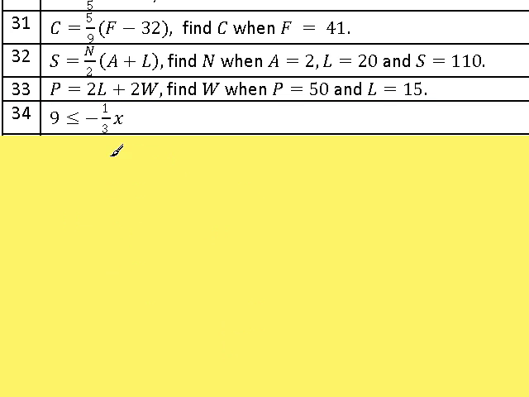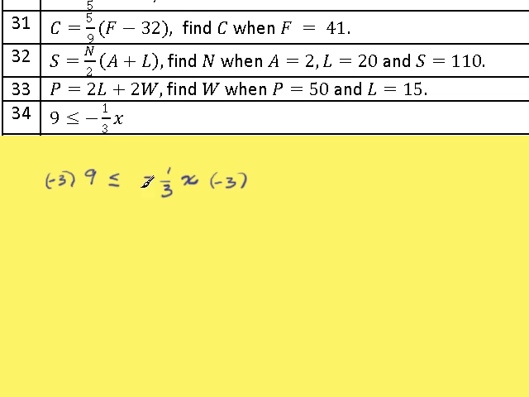All right, now we're going to start the section on inequalities. So here we have this inequality. Let me rewrite this. We have 9 less than or equal to minus 1/3 x. And to solve for x, we're going to multiply both sides by the reciprocal of minus 1/3, and that would be minus 3. So we're multiplying both sides by minus 3.